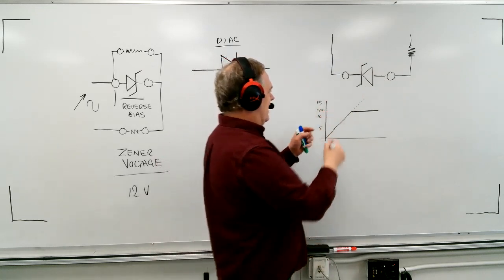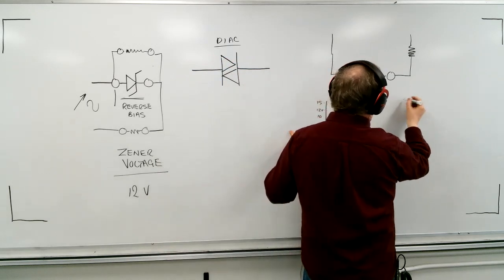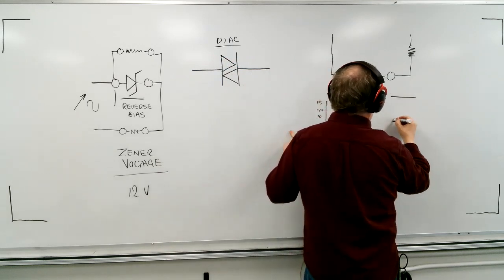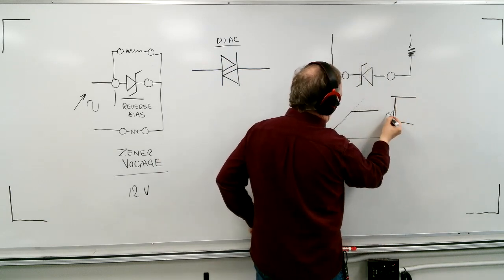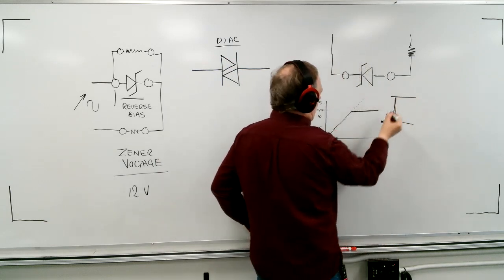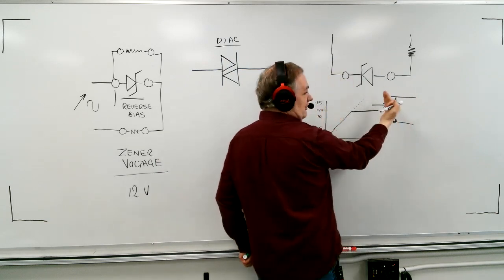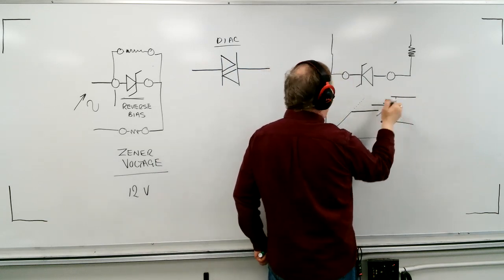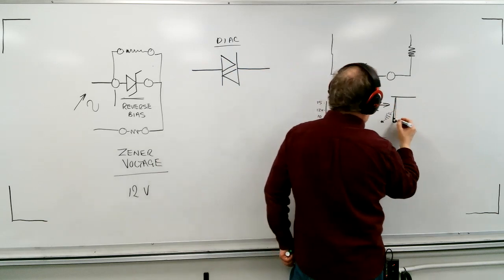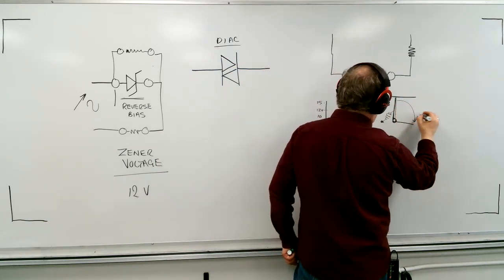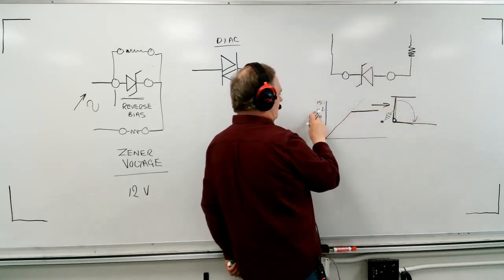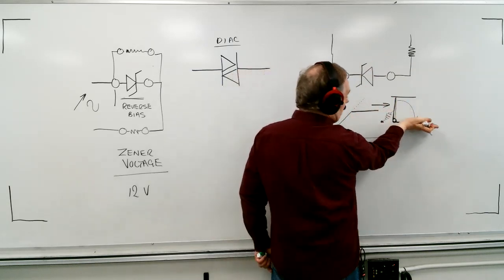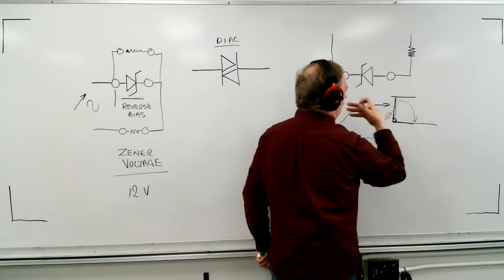You can think of it as a door with a fairly heavy spring. This door is going to stay shut until you get to 12 volts, and then the door is going to go bang like that, and as long as you have 12 volts or more, that door is going to stay in that position, and you're going to have flow.